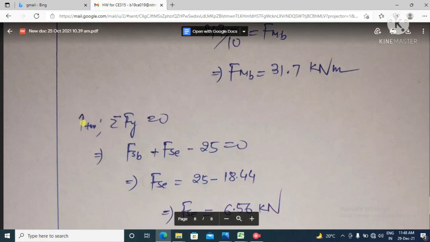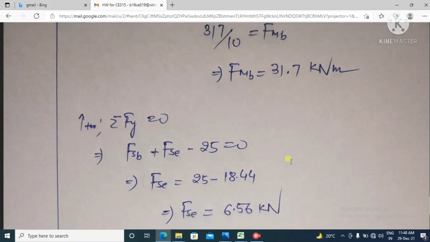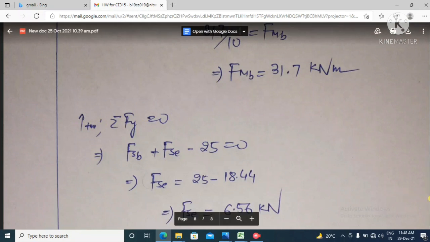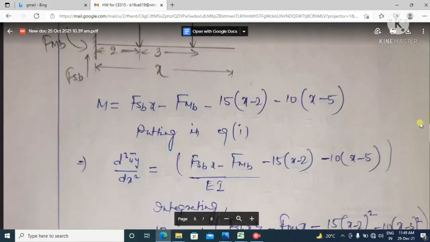So now what I am doing, considering upward as positive, sigma Fy is equal to 0. Overall it should be 0, na.